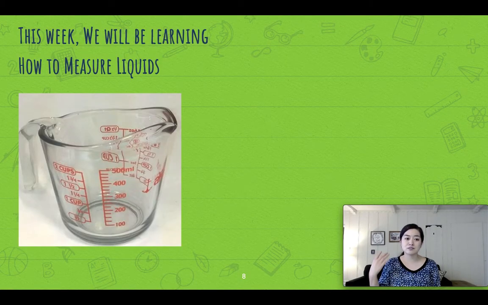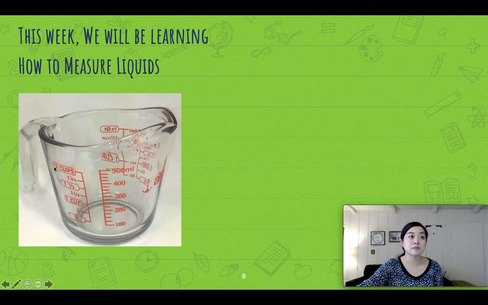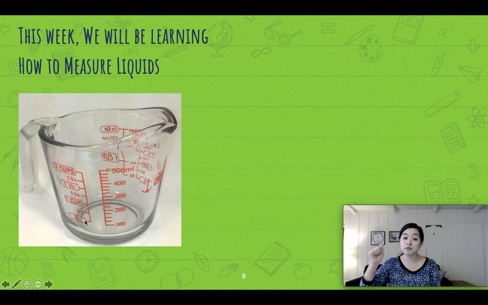Now, let's remember this measuring cup you might have in your kitchen somewhere. Usually, when I cook, I will use the measurements on this side over here that says cups, like 2 cups, 1 cup, half a cup, okay? But for our study for this week, we're not going to use cups.